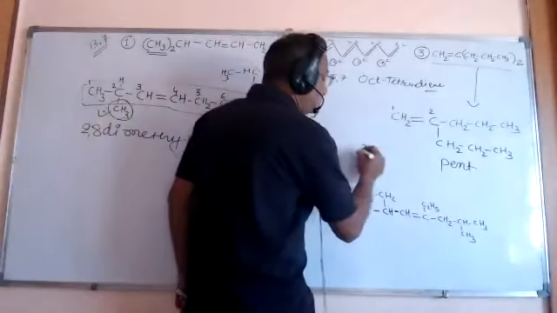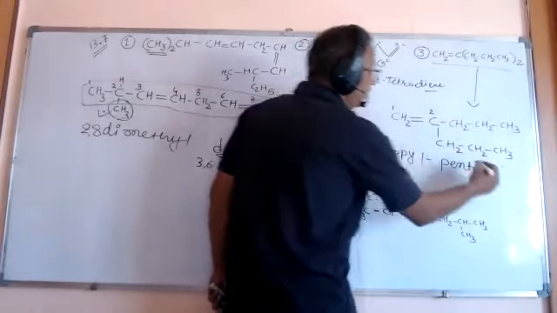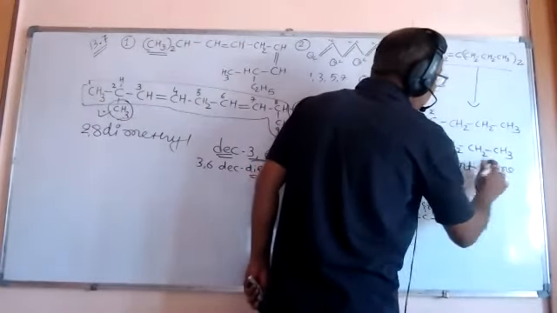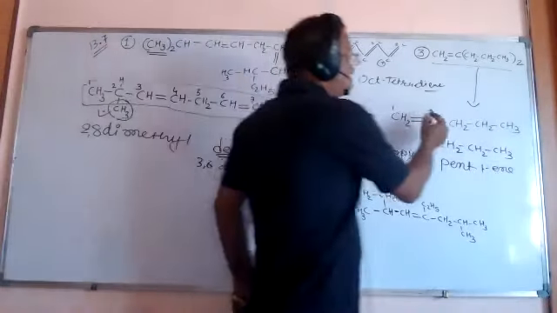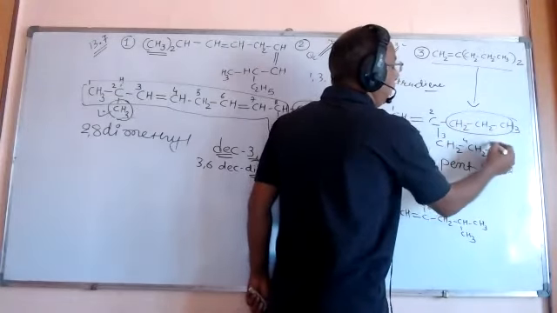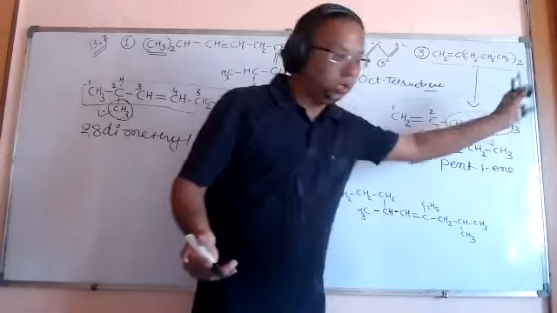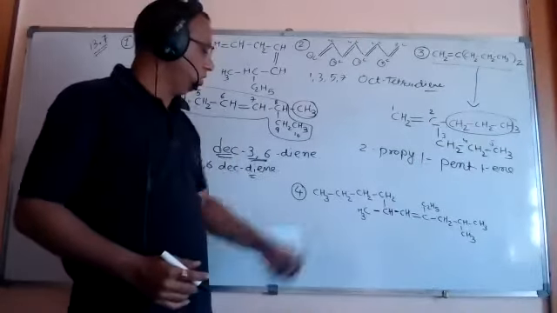So 2 propyl, then pent, and on first carbon double bond is present. That's why 2 propyl. Either you write propyl and 3, 4, 5, or you can write the longest chain in a linear condition. Both are possible. So this is the third one.